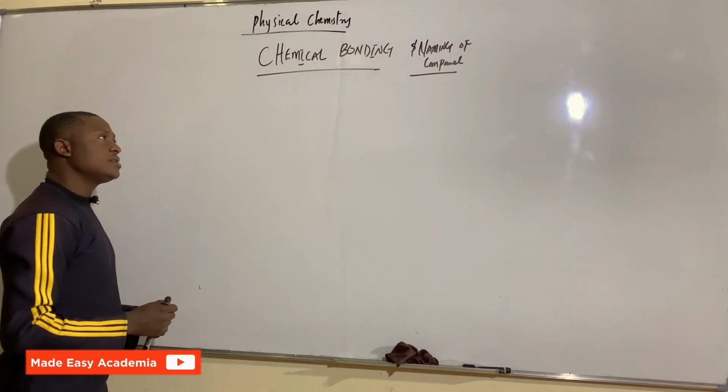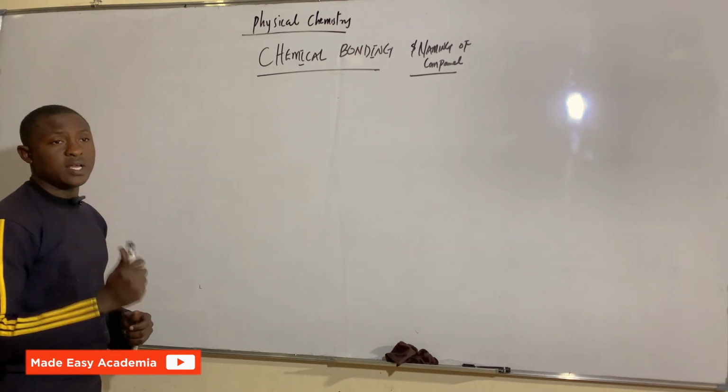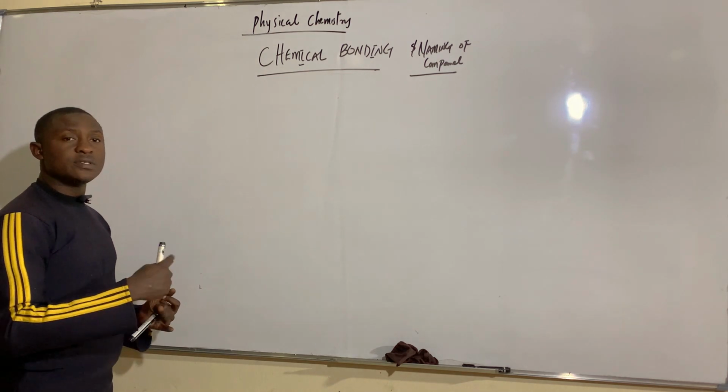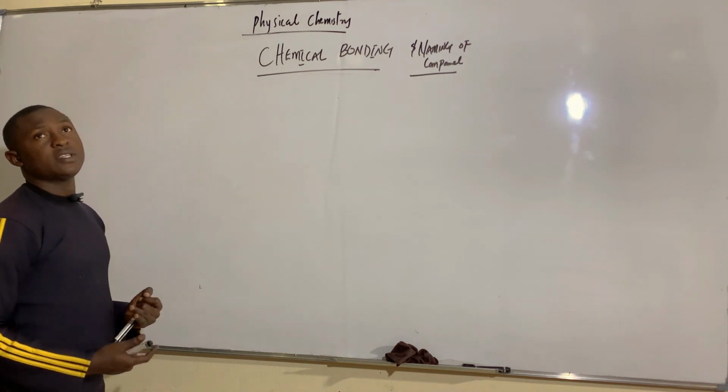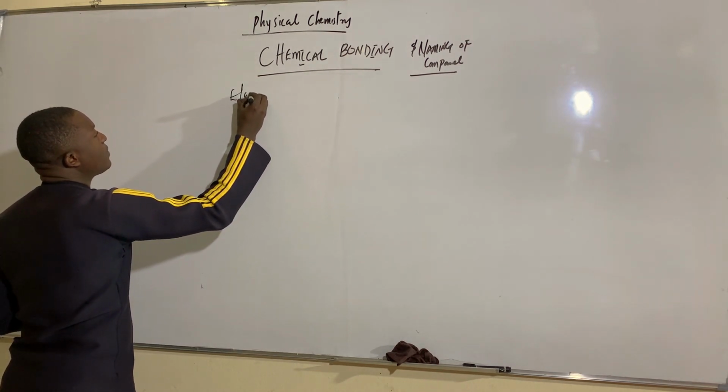In bonding, you need to firstly know how to identify the oxidation numbers of elements. Is the element a metal? Is it a non-metal? Is it a metalloid or is it a noble gas? Elements are divided into four.